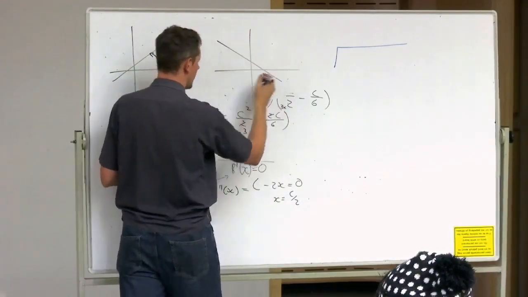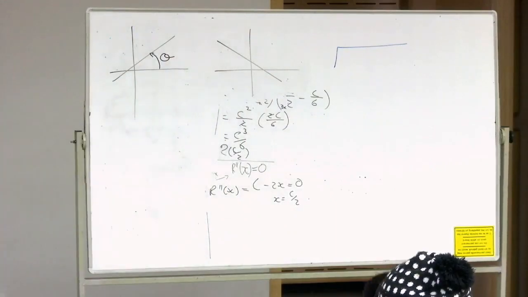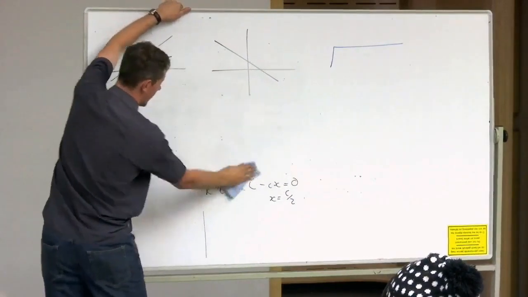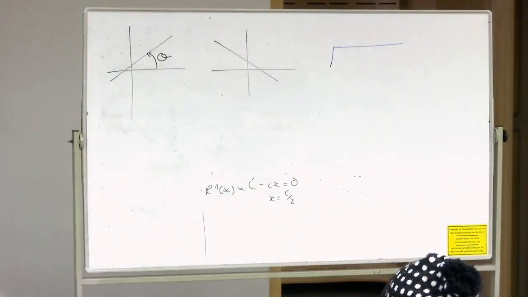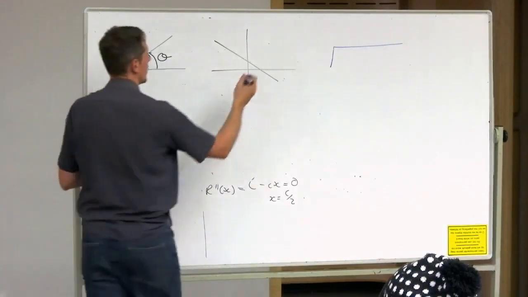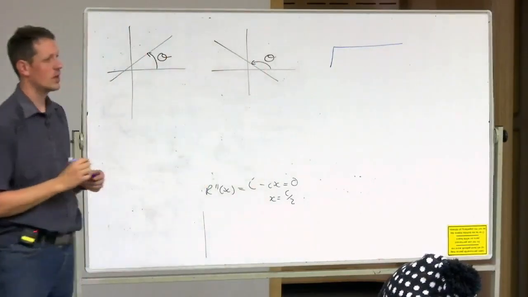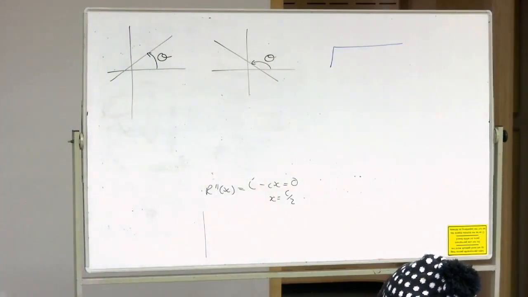If I draw a line there, your angle of inclination is, again, easy. Easy peasy, lemon squeezy. There. Okay, those ones you guys would all get right.